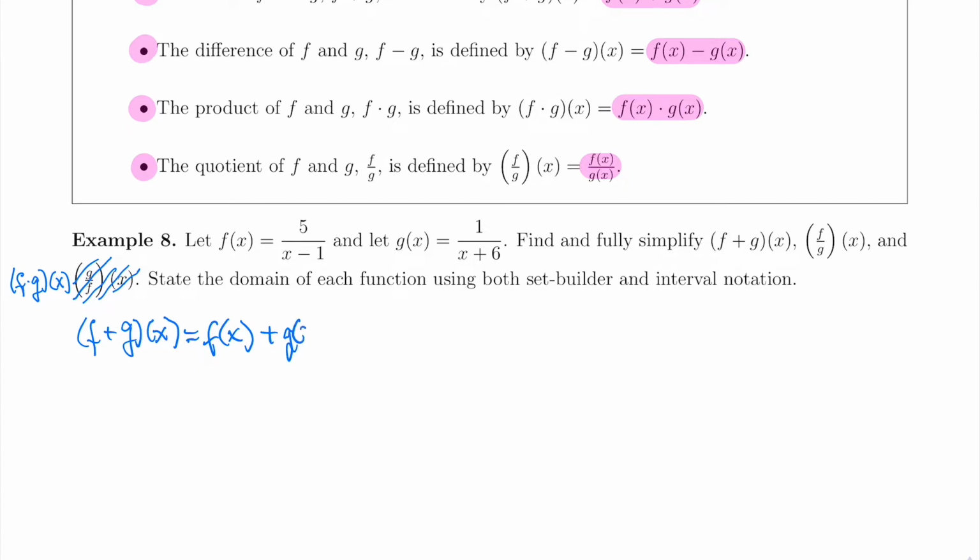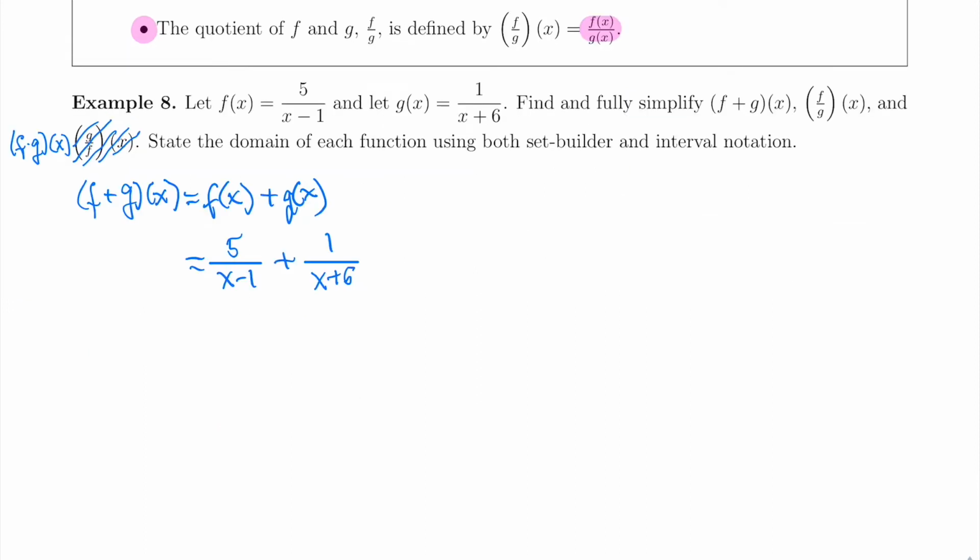So we're writing out again that this is f of x plus g of x. Well, we now just fill in our f of x and g of x. So we have here 5 over x minus 1, and then plus our g of x, which is 1 over x plus 6.